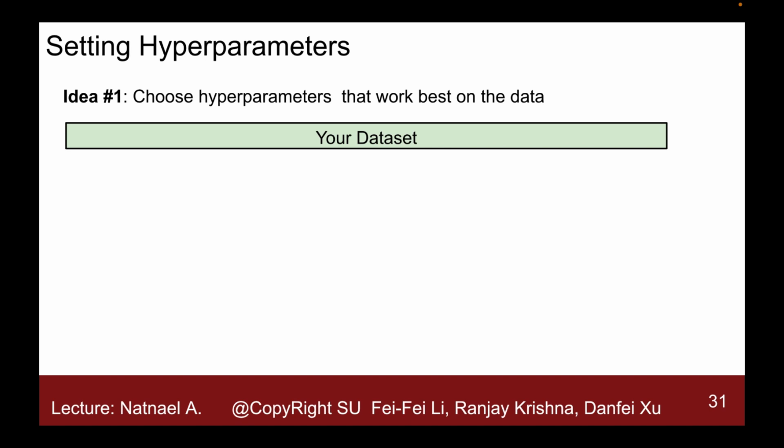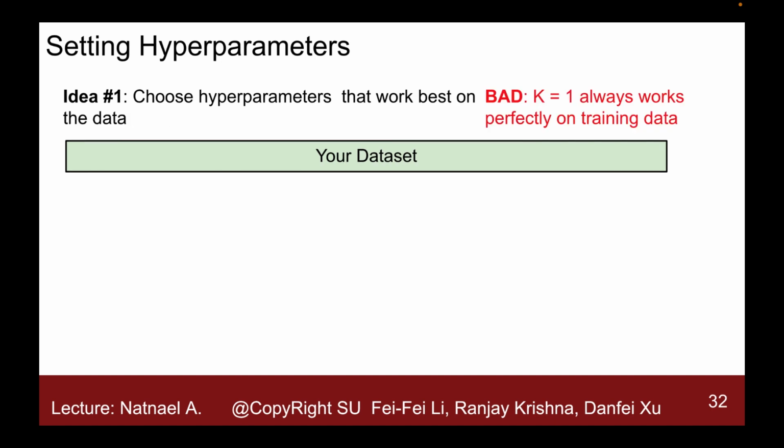Okay, the general idea while setting hyperparameters: the first idea is choosing hyperparameters that work best on the data. So you will have your own data set, and the number of k's and the distance type that work best on the data set you have at hand are the ones to be chosen.